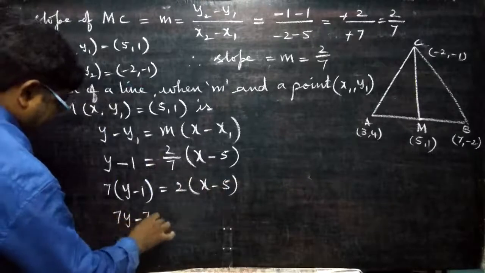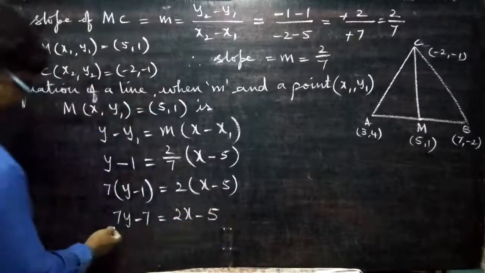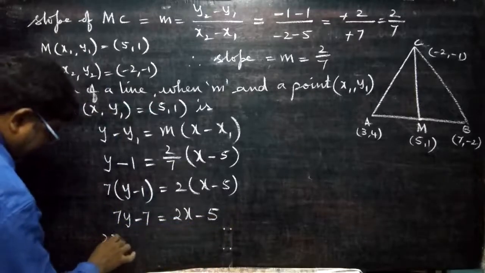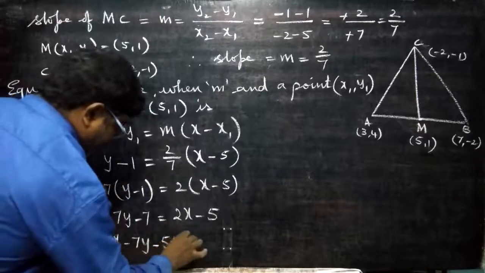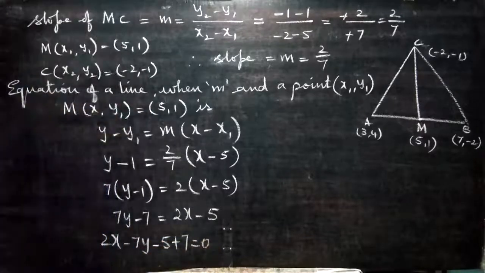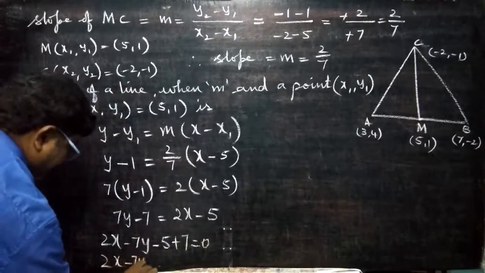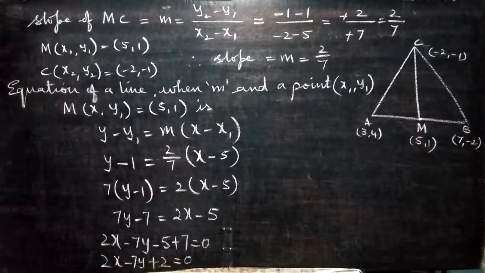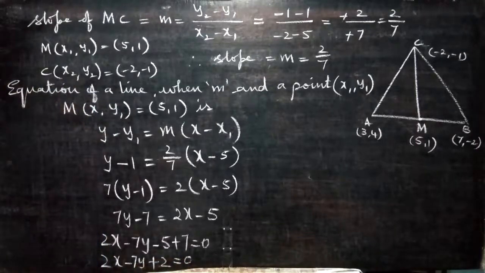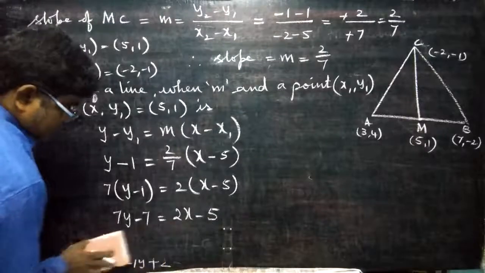7y minus 7 is equal to 2x minus 5. Bring left ones to right. So 2x minus 7y minus 5 plus 7 is equal to 0. Simplify: 2x minus 7y plus 2 is equal to 0. One minute, here we did wrong.